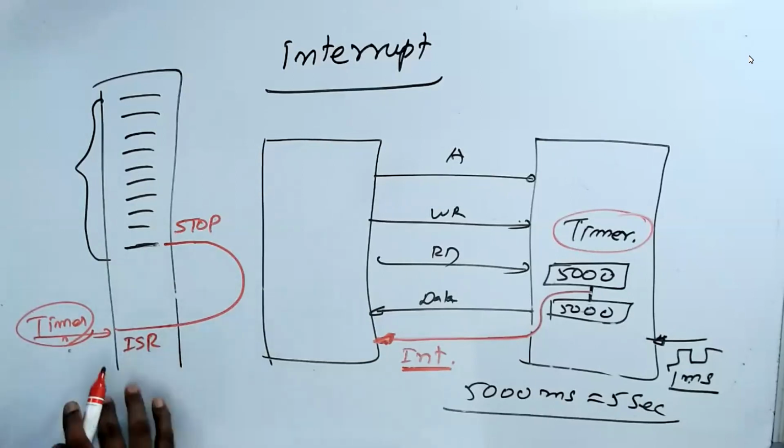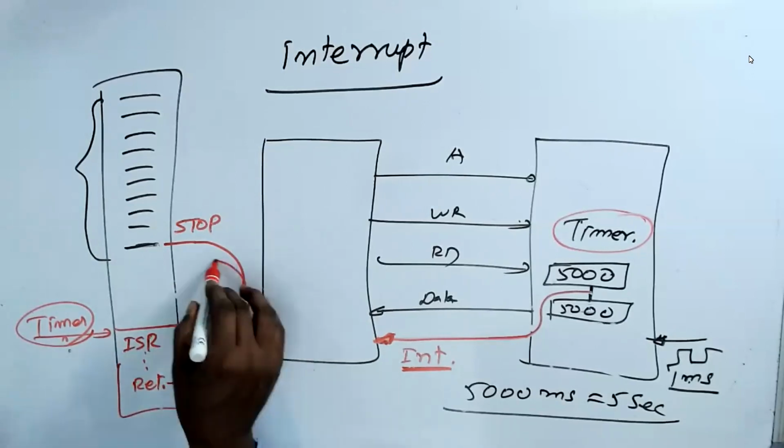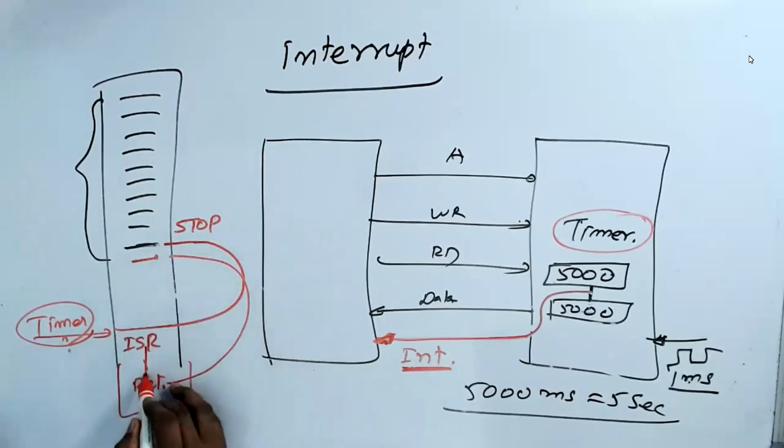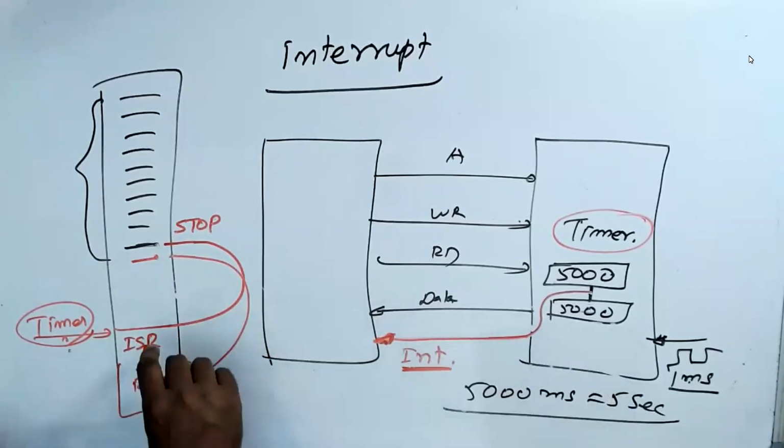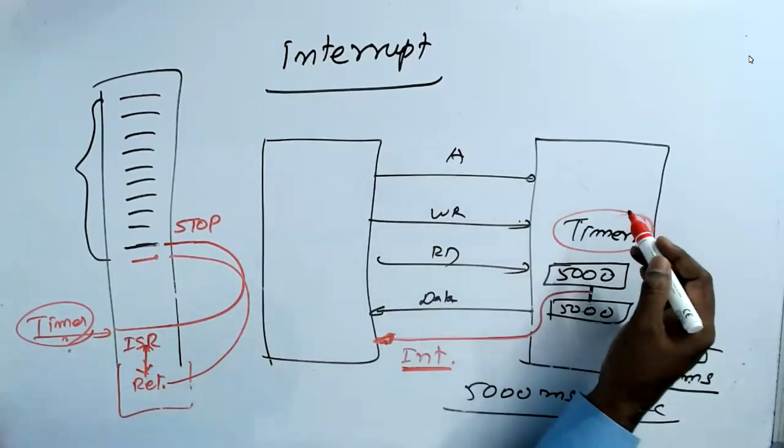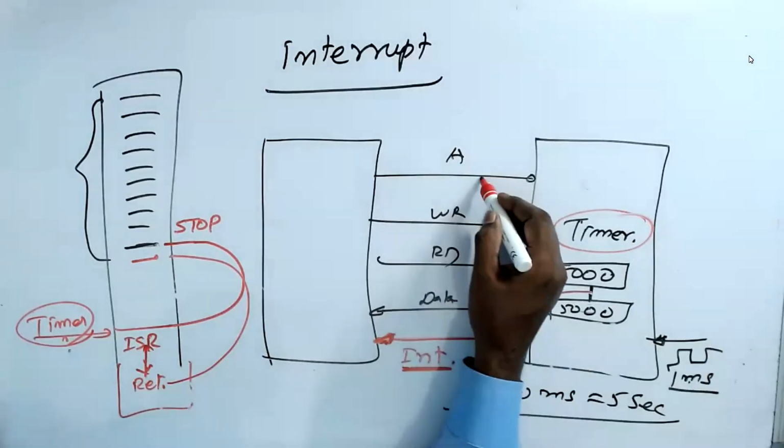Now at the end of the ISR, you have a return. Then it goes back to the next line. Here, you know that whenever the ISR comes, the timer has given the interrupt every 5 seconds. Let us assume that I have an LED here. I connected an LED here outside.